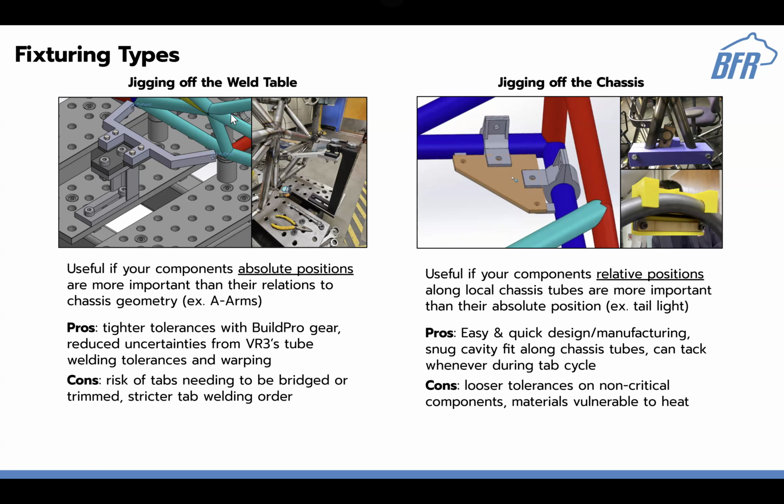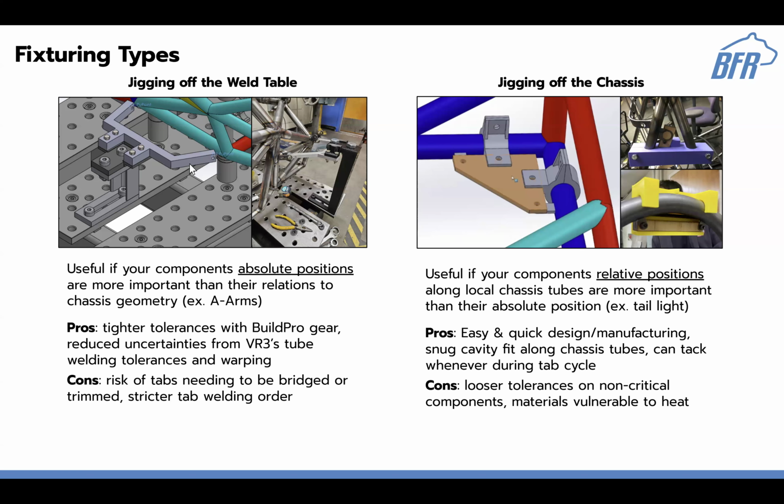But when I get my chassis on the table, you'll realize that there's still some error within your chassis, right? Maybe it's too skinny in a certain region, maybe it's too wide, tubes are out of position. And if you're directly referencing off of tubes, your overall position might be off compared to what you designed for in CAD. So this gets that out of the way, where you're not actually referencing the chassis. You're just using your global coordinate scheme.